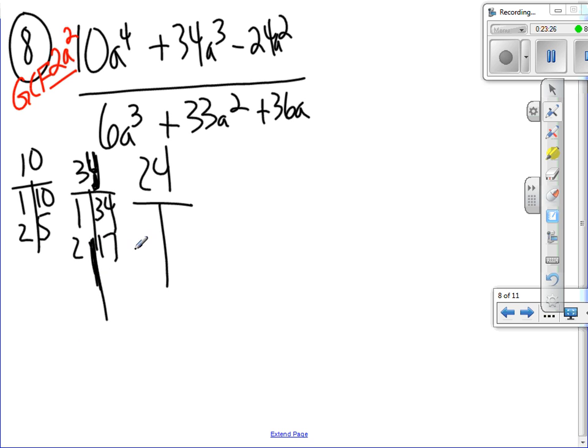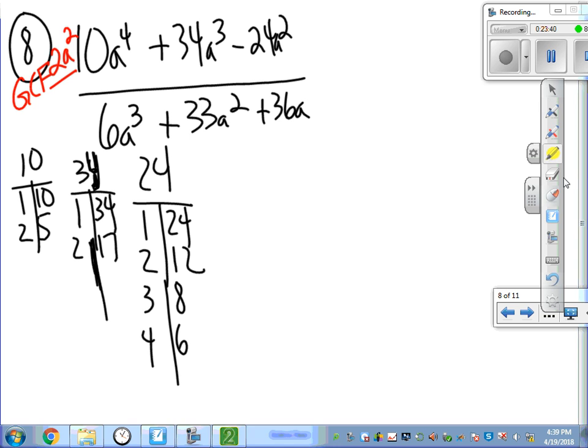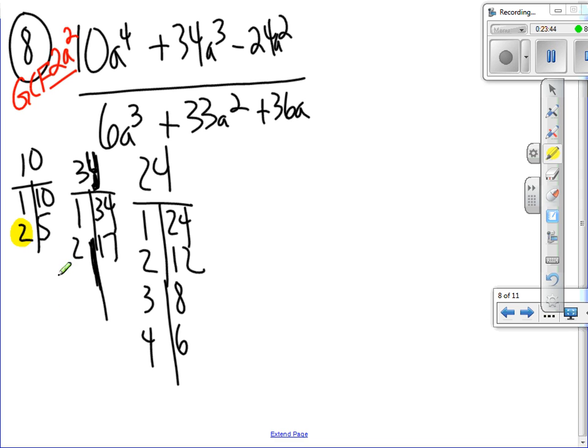Okay, 24. This one's going to have several factors. 1, 24, 2, 12, 3, 8, 4, 6. Now, we take a step back and we look at all 3 charts. What's the biggest number that is common to all 3 charts? It's 2, right? That's why the GCF of 10, 34, and 24 is 2.